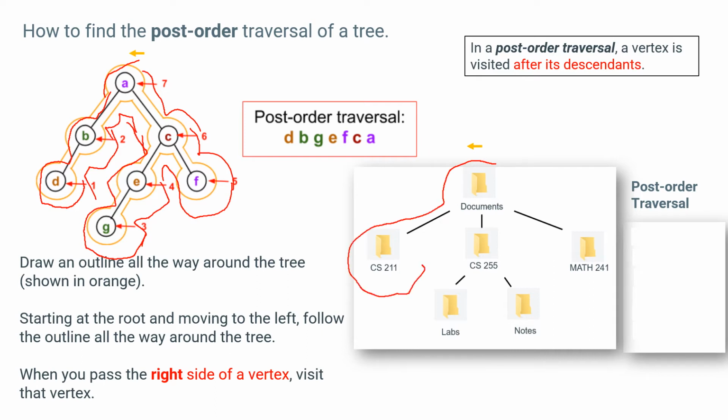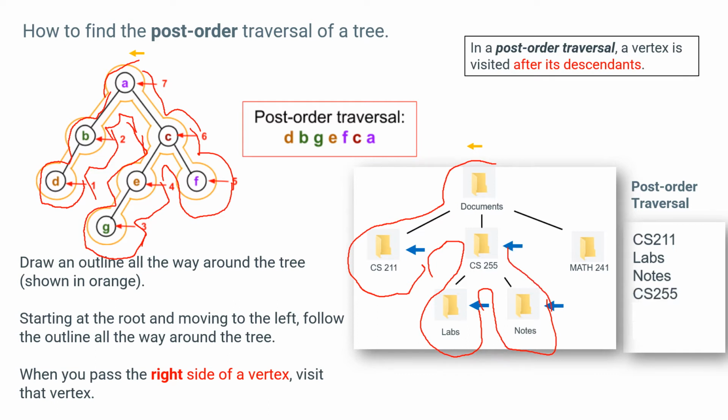Now I'm to the right of CS211. So I'd say I'm visiting that. I'm to the right of labs. To the right of notes. Now I'm to the right of CS255. Now I'm to the right of Math 241.